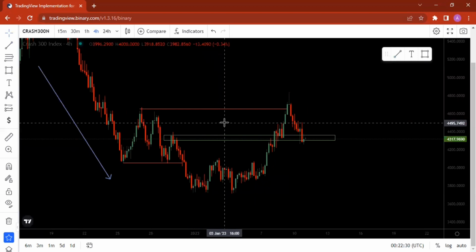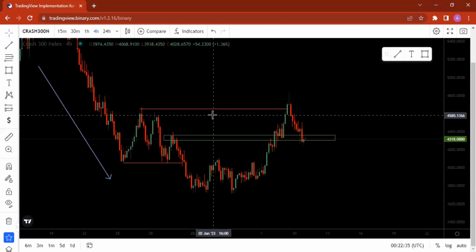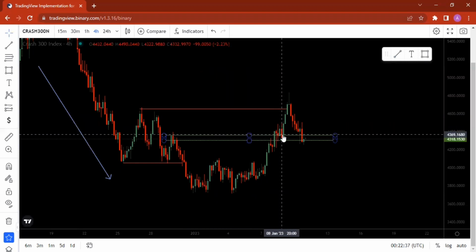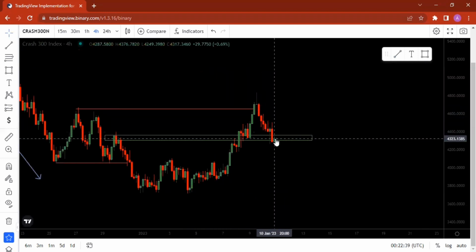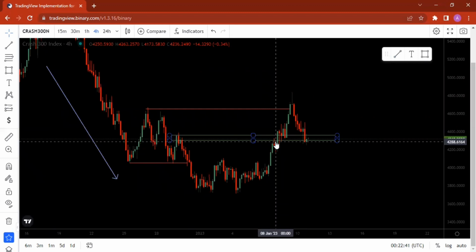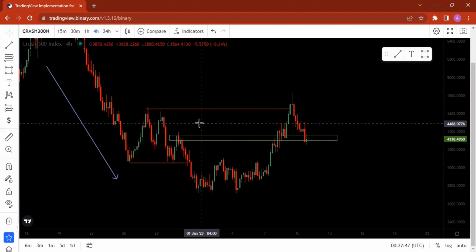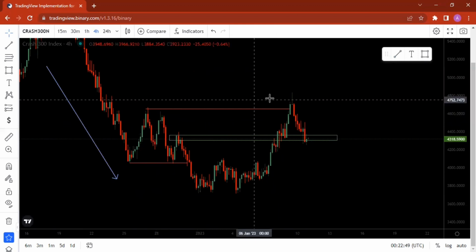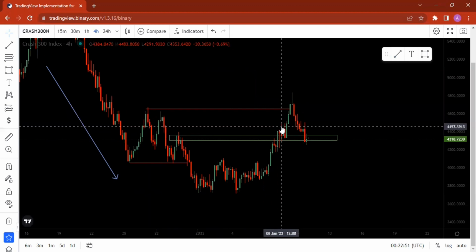So now, seeing this break of structure, what do we do on this time frame? After you've noticed that the sell that actually happened from the daily is more like a retracement, we now know what we are looking for. We are looking for opportunities to join the buy move following the break of structure over here. Now, what is the next thing to do?